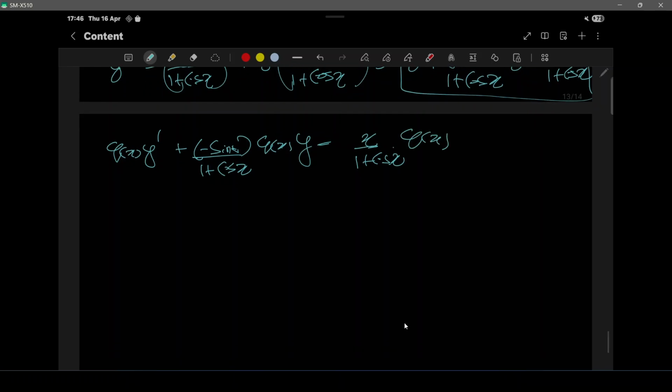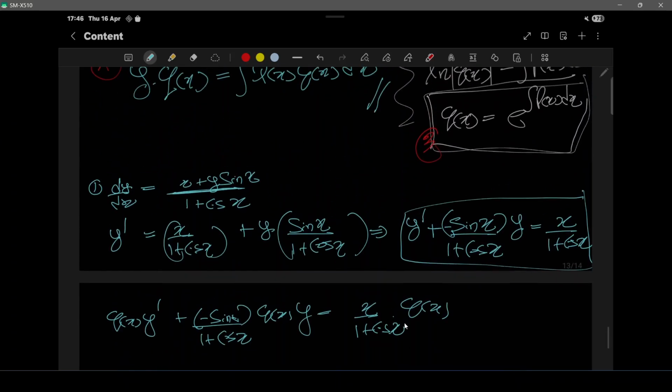So what is Q(x)? Now we want to find what Q(x) is. In problem solving you have to remember what Q(x) is. Q(x) is, if you remember, from here.